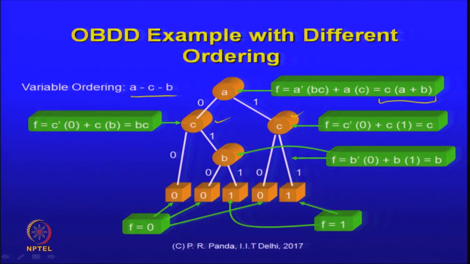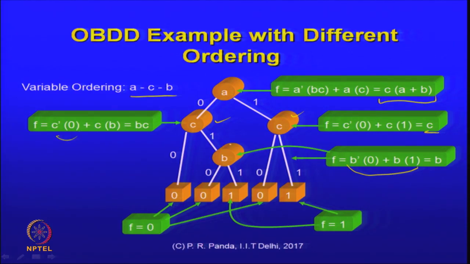So, the way this evaluates to C times A plus B is these are still zeros and ones at the leaf level. You have a node with b here, 0 leading to 0 and 1 leading to 1, meaning that the function is b prime times 0 plus b times 1. So, that is b. This with the 0 branch leading to 0, 1 branch leading to 1 is essentially C. This one with the C label here means that if C is 0, then the value is 0.